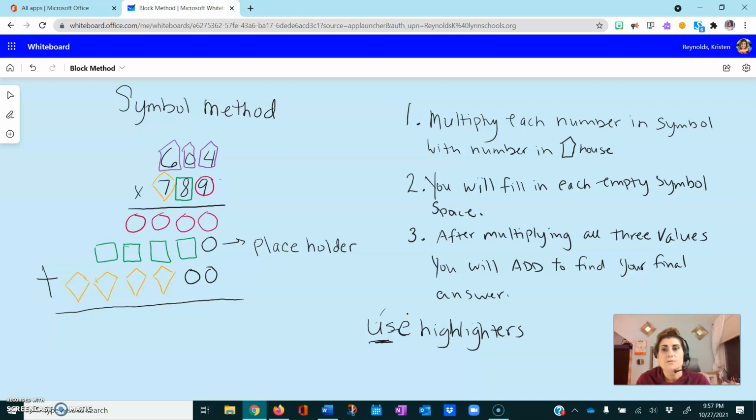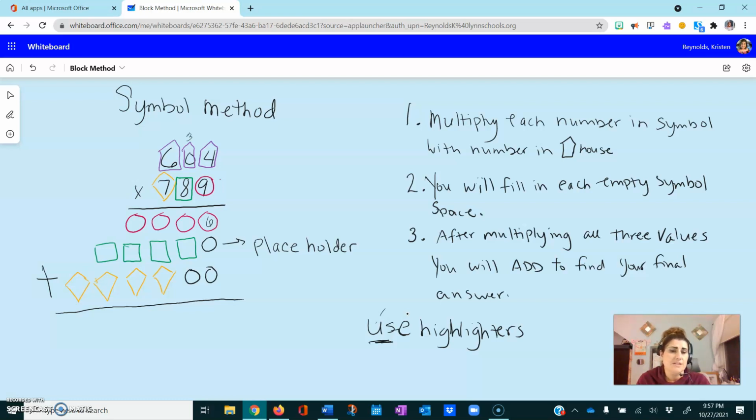So 9 times 4, I'm having a brain freeze, is 36. So I'm going to put the 6 here. Carry my 3. 9 times 0, anything times 0 is 0, always.